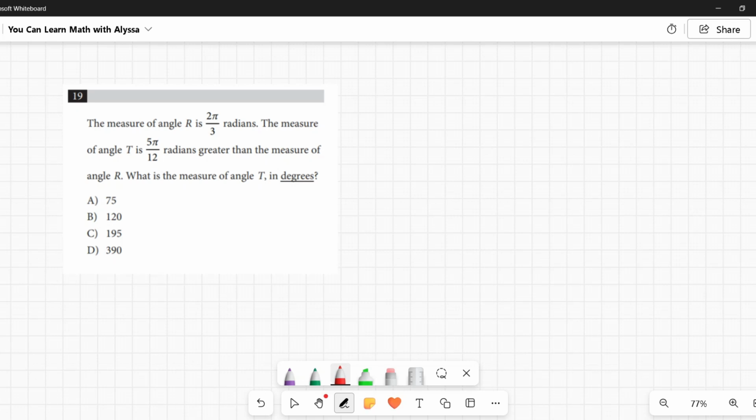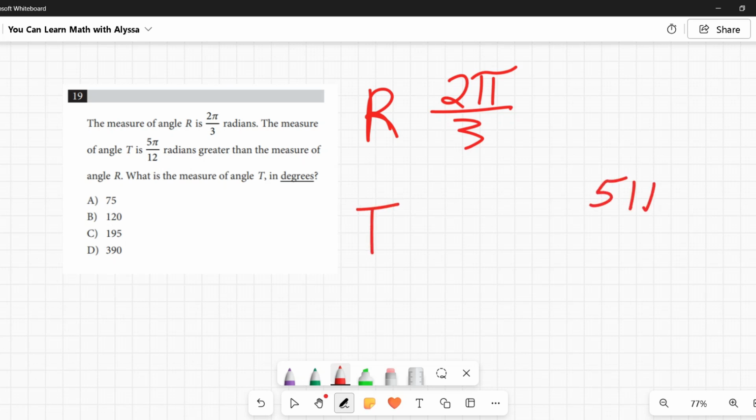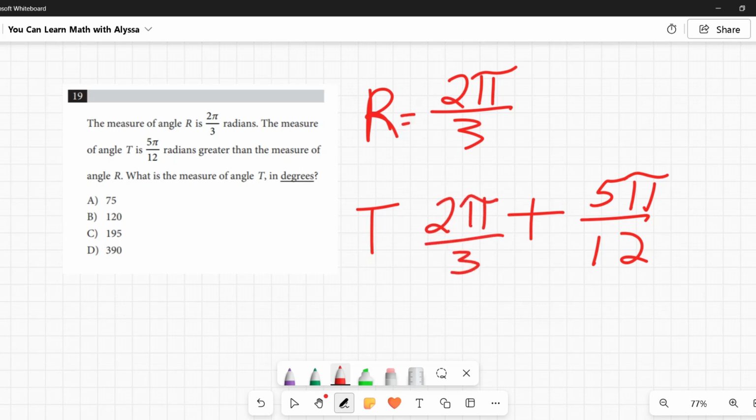All right, so R is 2 pi over 3 radians. T is 5 pi over 12 radians greater than the measure of angle R. So T is angle R, 2 pi over 3, plus 5 pi over 12. I'm going to just add these two fractions together.